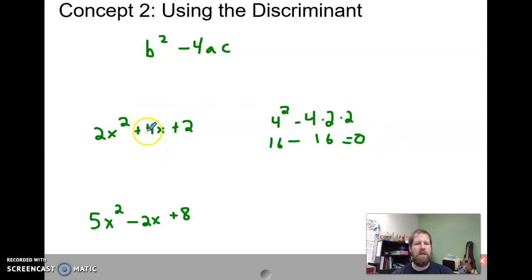And this tells me that the number of solutions for this quadratic equation is 1. Its vertex is on the x axis. That's what the discriminant being 0 tells me.